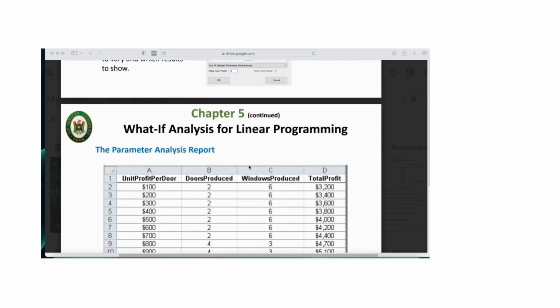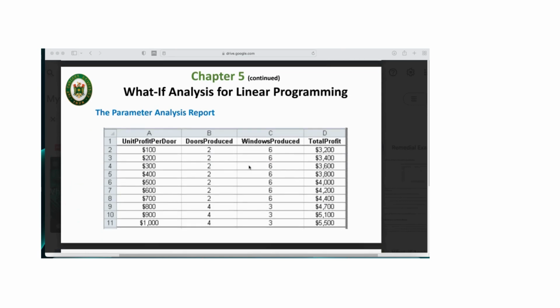But the point is, what I want you to learn is how to interpret the parameter analysis report. That's all that I want you to accomplish: just be able to interpret the parameter analysis report and its relevance to changing one parameter.